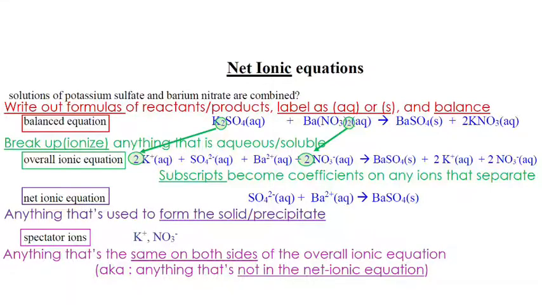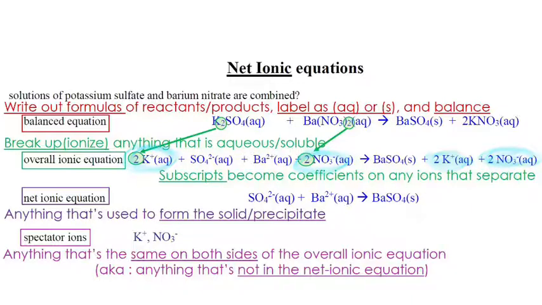And you'll notice that these spectators were the same before and after our reaction. So we had those K plus and those NO3 minus ions as part of aqueous solutions before and after this reaction. And because they're dissolved in water, those ions aren't actually reacting at all.